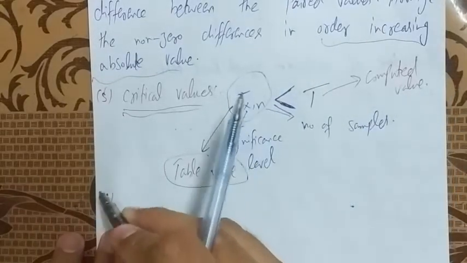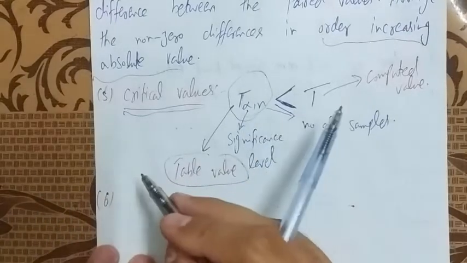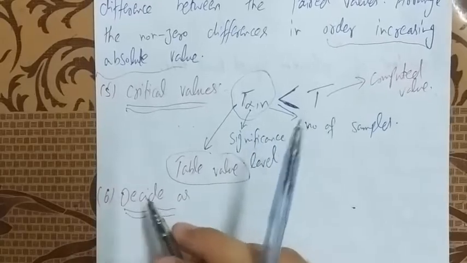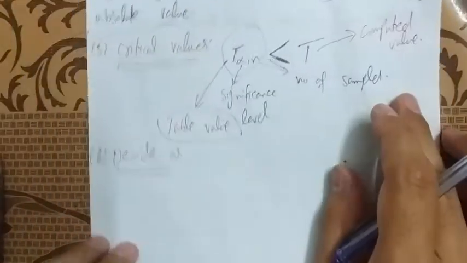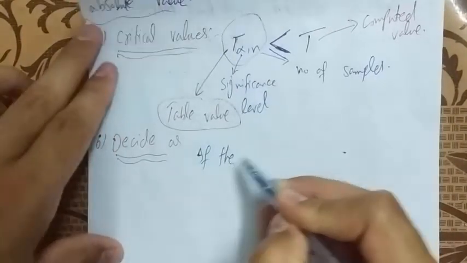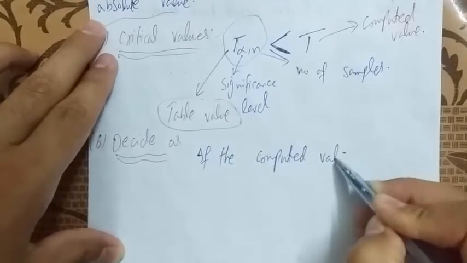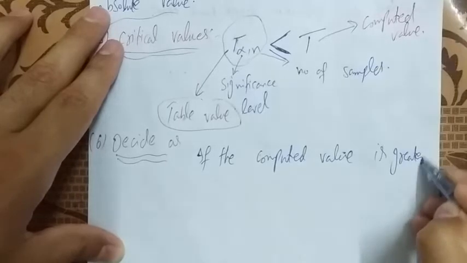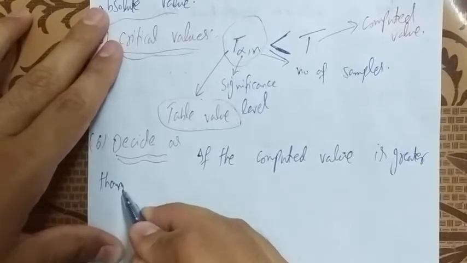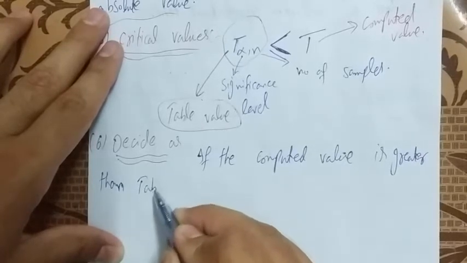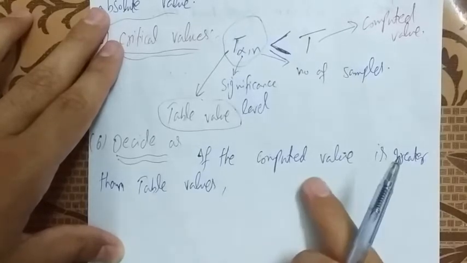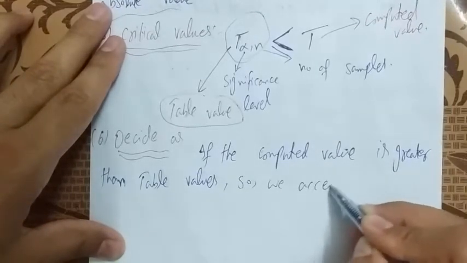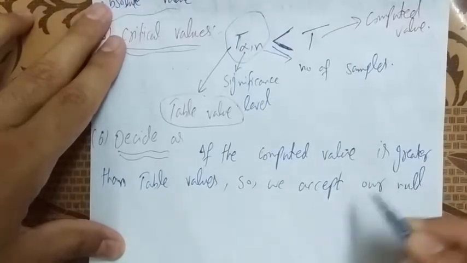So in the sixth step, students, we have to decide as follows: if the computed value is greater than the table values, then we accept our null hypothesis.